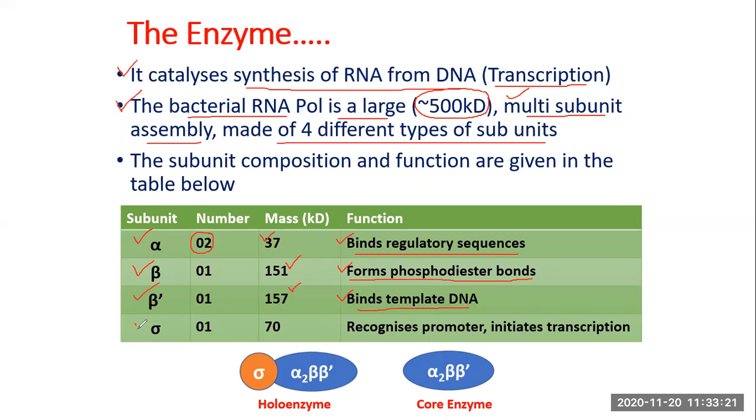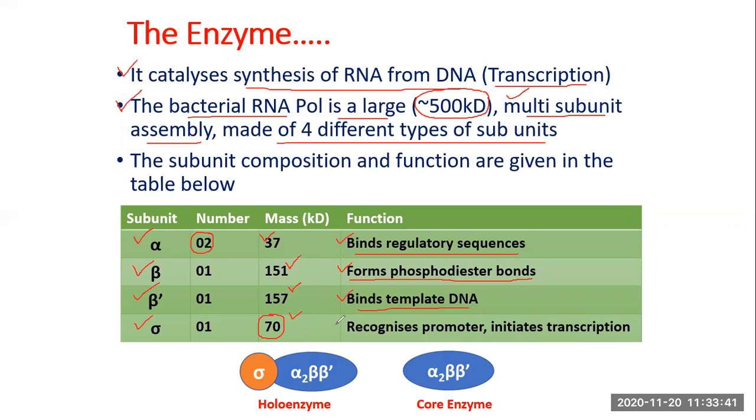And there is the sigma subunit. The one which is present in the standard enzyme has a molecular mass of 70 kilodalton. Please remember that there are multiple sigma subunits present, each one with a different molecular mass and each one with a different job of identifying, recognizing the promoters of a given set of genes.